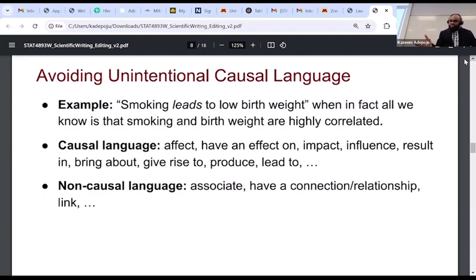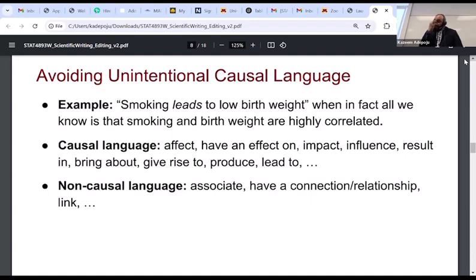Another example: maybe you work on the effect of level of education on income. Instead of saying higher education impacts income level, why can't you say higher education is correlated with increased income levels?